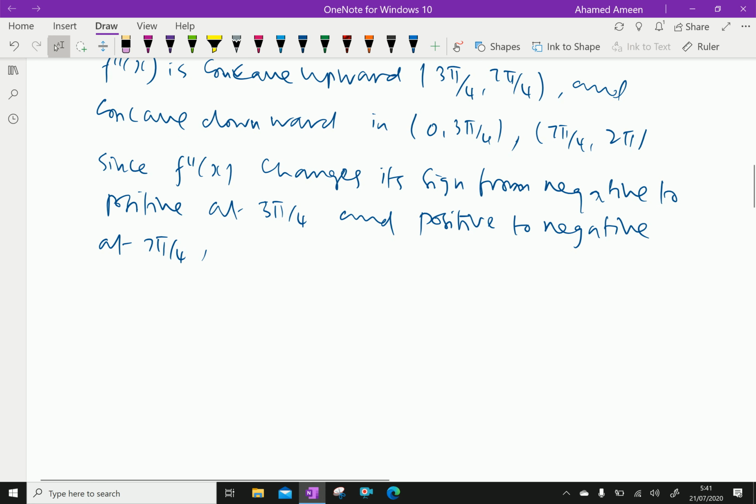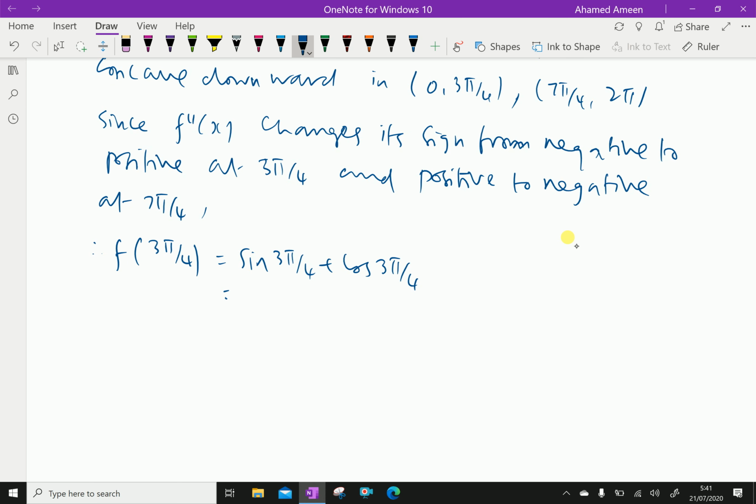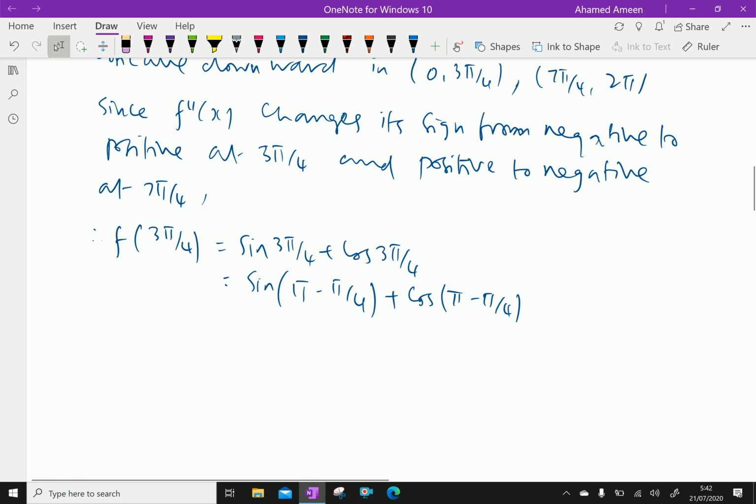Therefore we can find the function f of 3 pi by 4, which is sin 3 pi by 4 plus cos 3 pi by 4. Here sin 3 pi by 4 we can write as sine of pi minus pi by 4 plus cos of pi minus pi by 4. Sine in the second quadrant is positive, which is sine pi by 4.